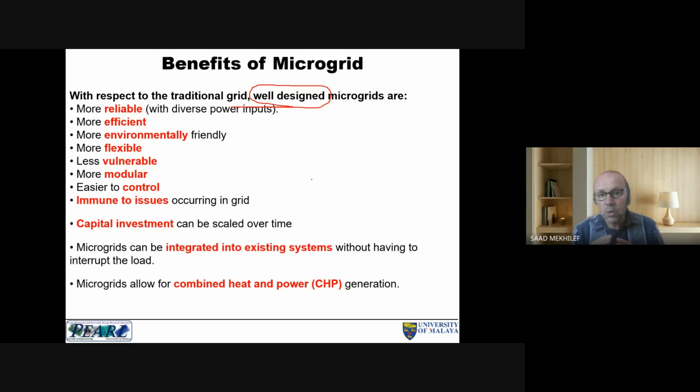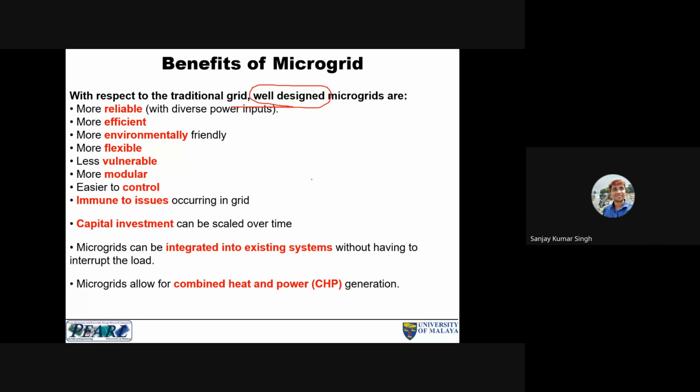And also, what is the objective of this microgrid? Because sometimes we design a microgrid not to provide the power, but just as a demonstration. For example, I want to make my renewable energy factor 100%. Do you understand what a renewable energy factor is or not? Anyone knows? Percentage of renewable in the total generation capacity. Yes, good.